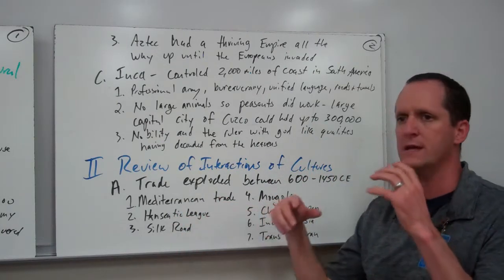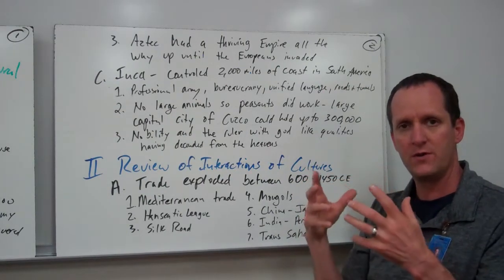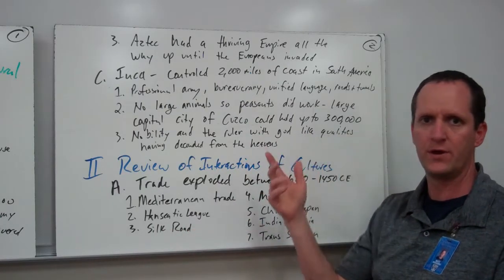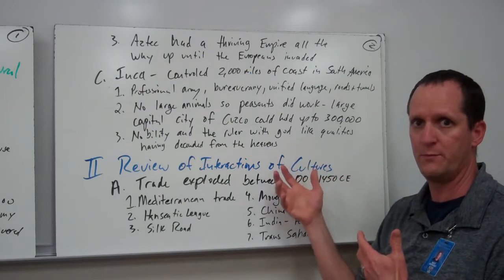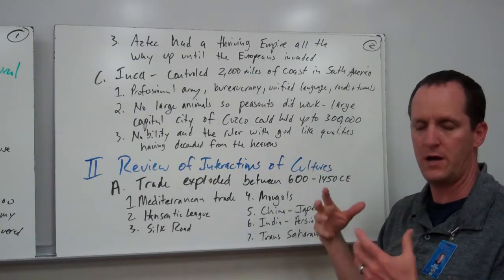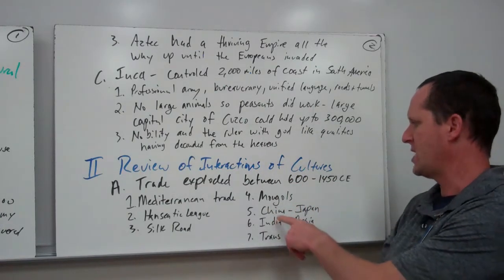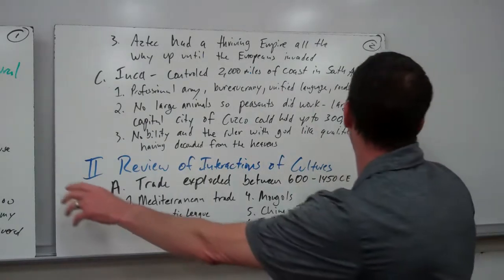The Hanseatic League, where many northern cities in northern Europe bound together to increase their prosperity and trade. The Silk Road, back and forth across Asia. The Mongols, who spread all the way from the Pacific to Europe, and their abilities to increase trade. China-Japan trade, India-Persia trade, and the Trans-Saharan trade.